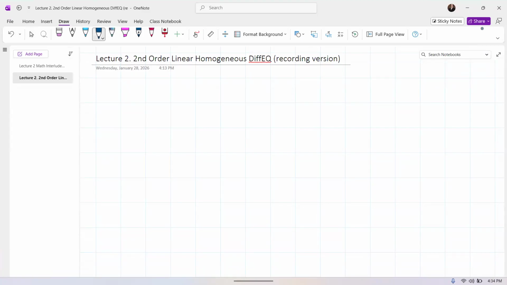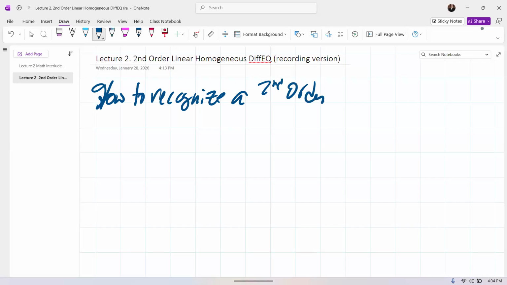All right, so second order linear homogeneous differential equation. So what we want to do is how to recognize a second order linear homogeneous DiffEq.